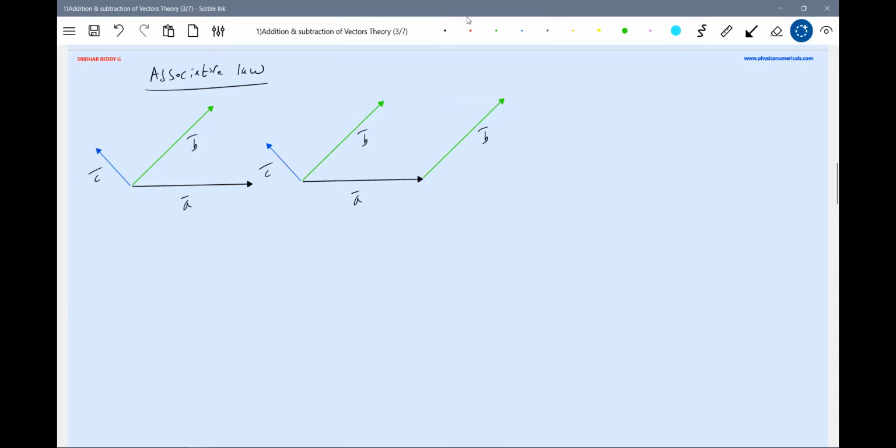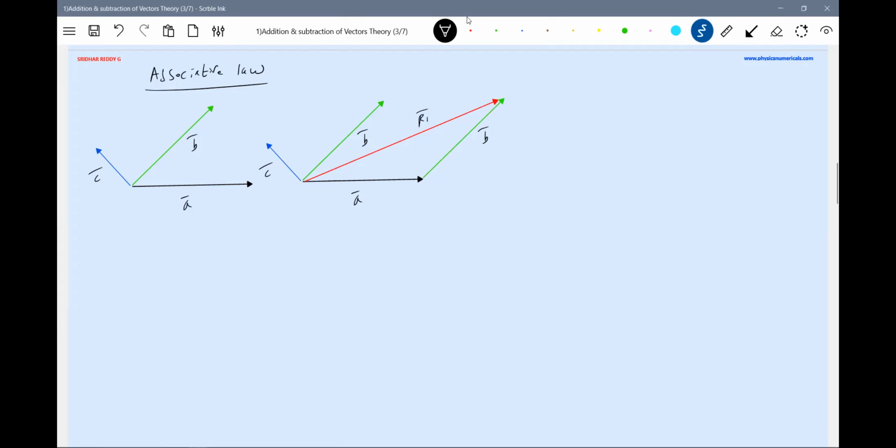Then the resultant of a bar plus b bar, from the tail of a bar to the head of b bar, I'll call this r1 bar. It is some vector r1 bar.